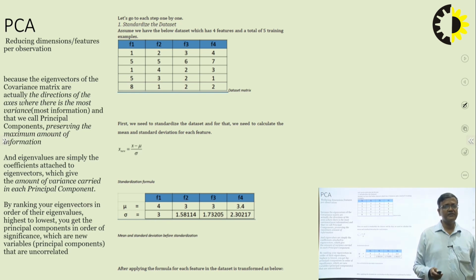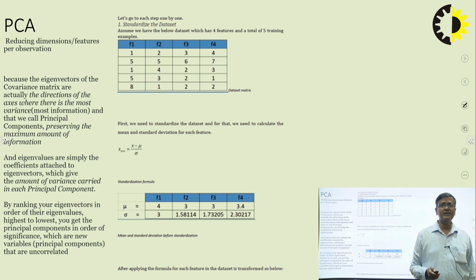Here we are actually reducing the dimensions. We are able to do so because the eigenvectors of the covariance matrix are the directions of axes where the most variance or maximum information is available, and hence they are called principal components, and they preserve the maximal amount of information.